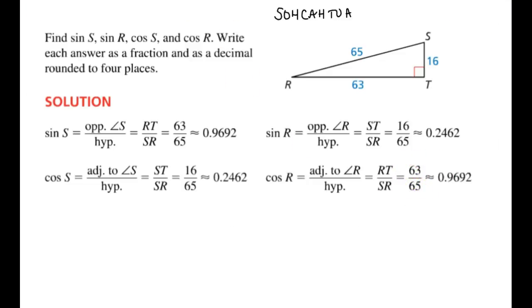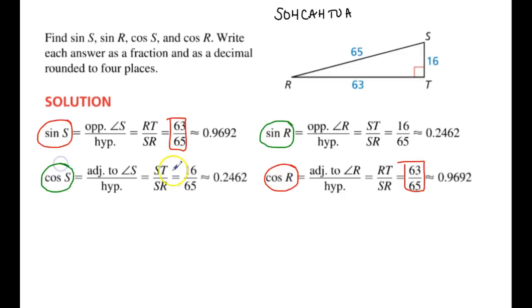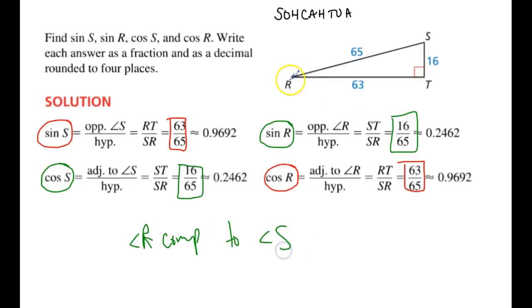One thing I really want you to notice, and we're going to talk about this in just a minute: do you see how my sine of S is the same as my cosine of R, right? Because I've got my 63 over 65 and I've got my 63 over 65. You'll also notice that the sine of R is the same as the cosine of S. And one thing I know about R and S is that angle R is complementary to angle S. I know that when I add these two angles, R plus S equals 90 degrees.